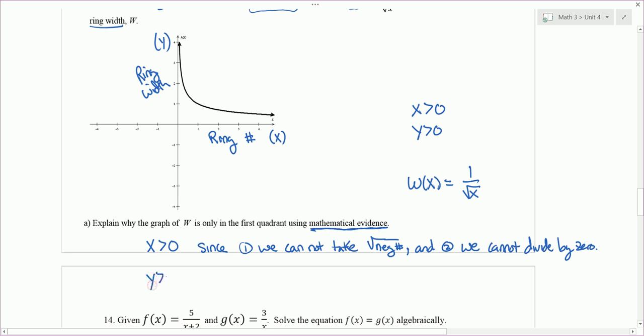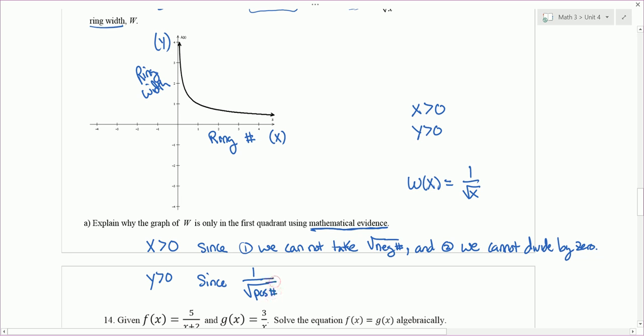Why is y positive? Well, since x is positive, we're only plugging in positive numbers. And so if you look at our equation, our y value is going to be positive since y is equal to 1 over the square root of x, and x is a positive number.